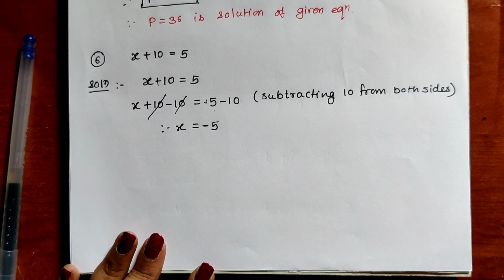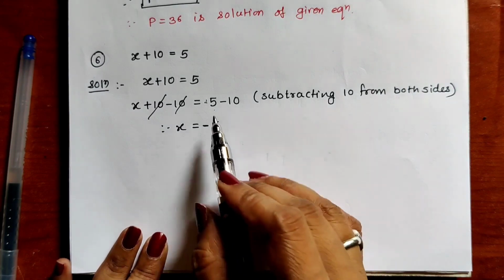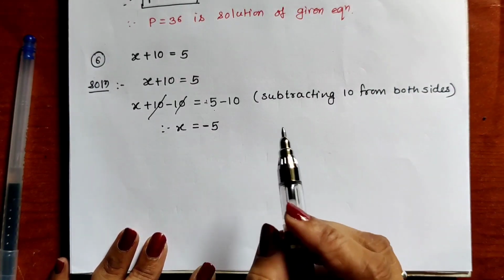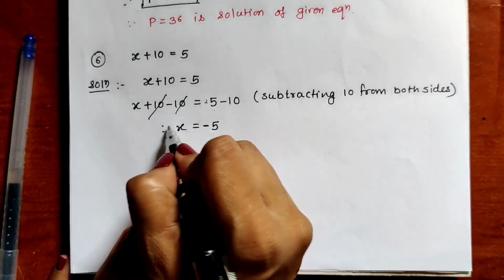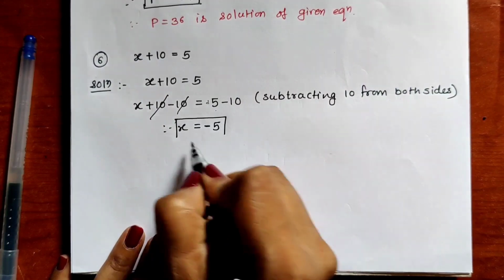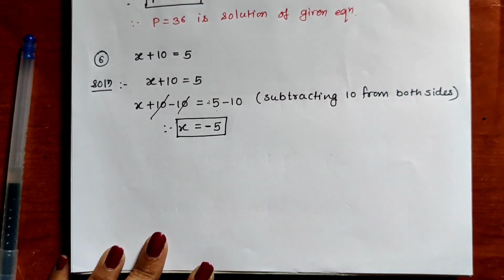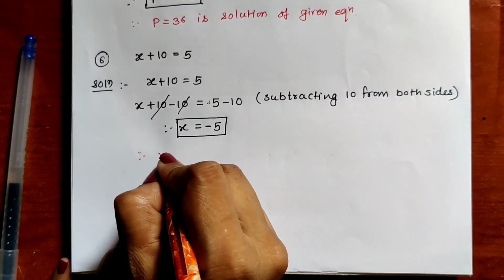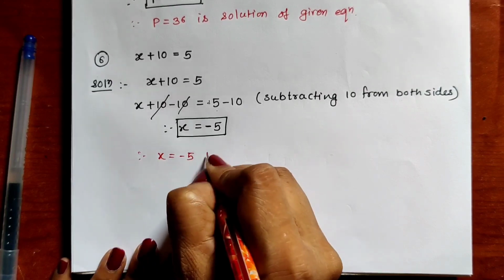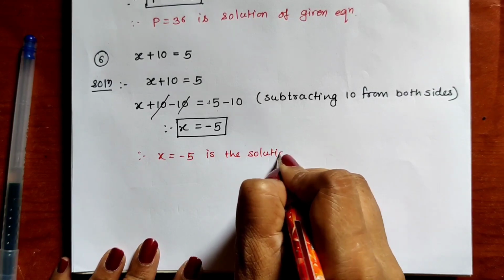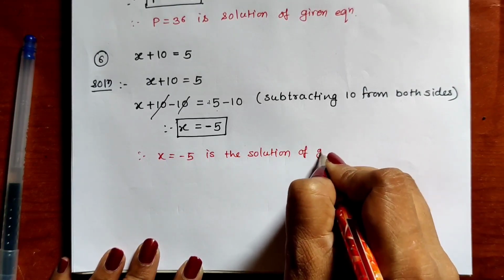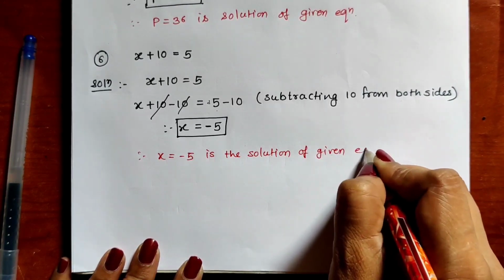X value is minus 5. It is not plus 5. Always check when you do subtraction, sign of bigger number should be given to the answer. So answer is x is equal to minus 5. Therefore x is equal to minus 5 is the solution of given equation.